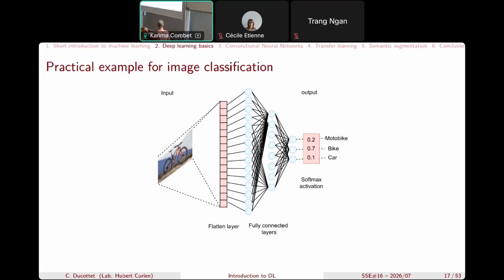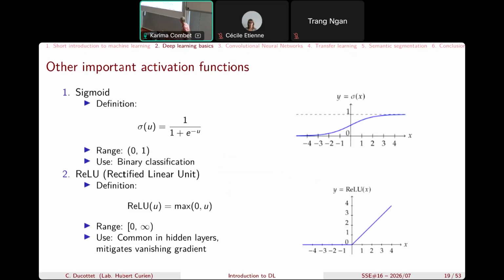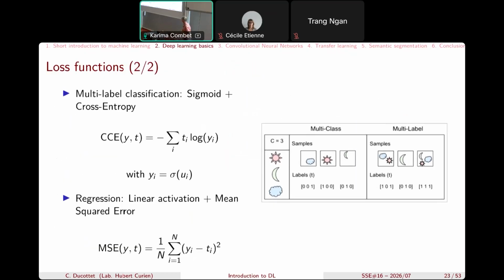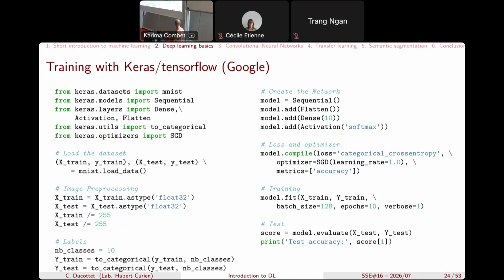Okay, there will not be any other layers. So there is the flattening, which is the input layer, and then there is what is called a dense layer, which will be the output layer with only 10 neurons. Okay, and we set the activation function as a softmax because we want here to have 10 values as probabilities.